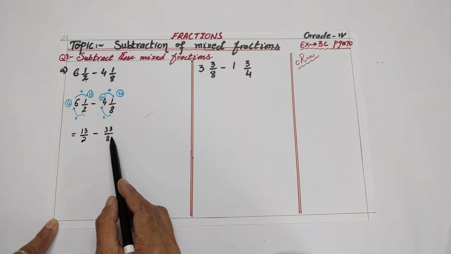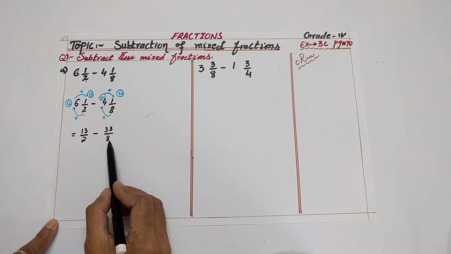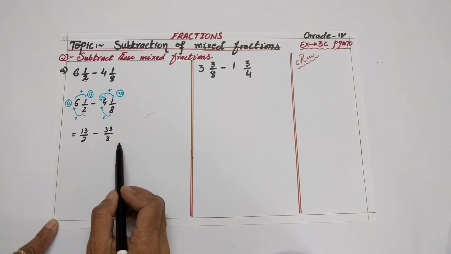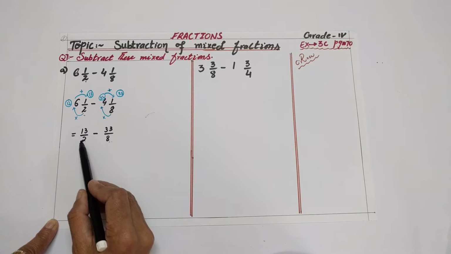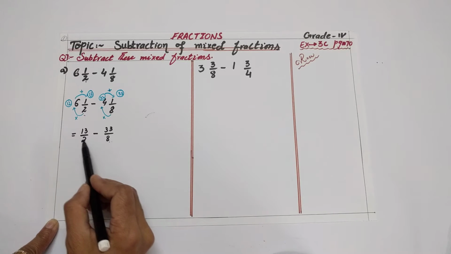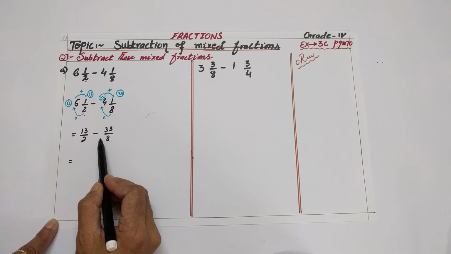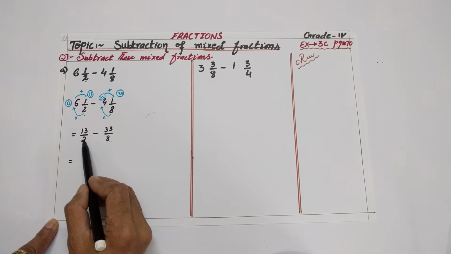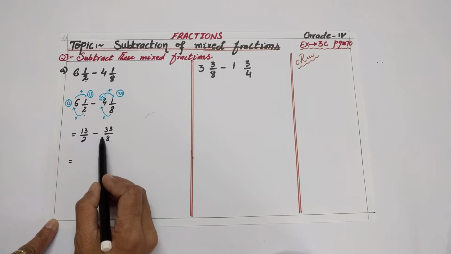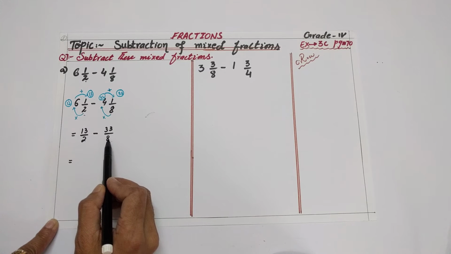Now the second step is to check the denominators, whether they are like or unlike. Here our denominators are unlike, both are different. You cannot subtract fractions while the denominators are unlike. So to subtract the fractions, you will convert the unlike denominators into like denominators.